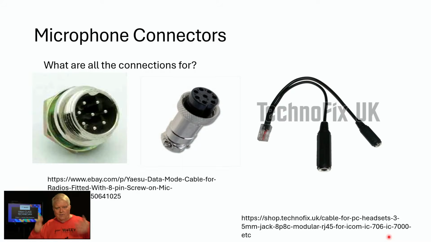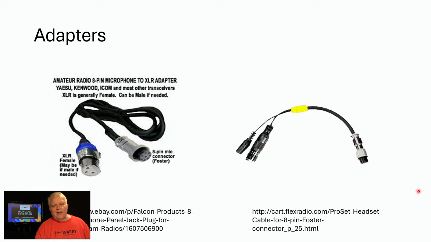You don't want to necessarily do that. You want to learn more about how the pins go, where the microphone element is, where the push-to-talk lines are. Just a heads up about that. Actually, a lot of radios now are using RJ45 or the smaller phone connectors for microphone inputs as well. So it's a whole thing. There are adapters that are sold.